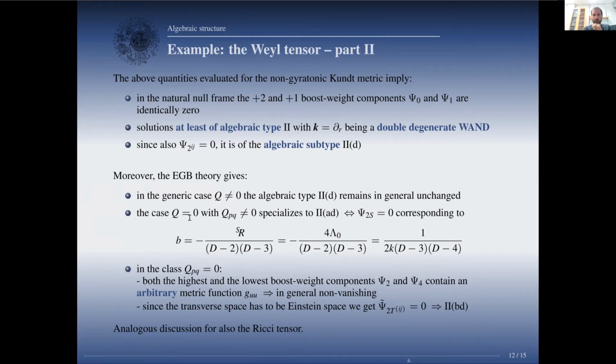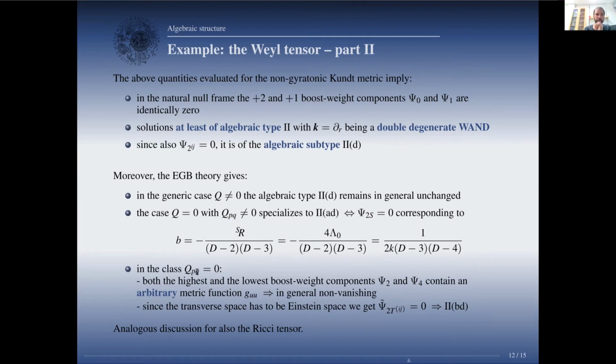In this peculiar case, when the trace is vanishing and the tensorial quantity is non-vanishing, we deal with subtype II_a D because we have the Einstein space there, and this coefficient B is given in some specific form.